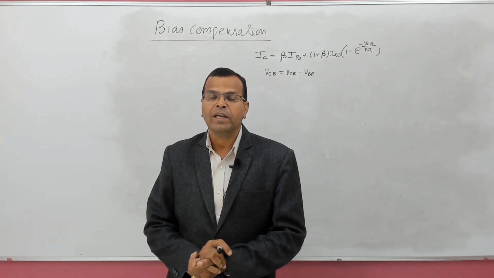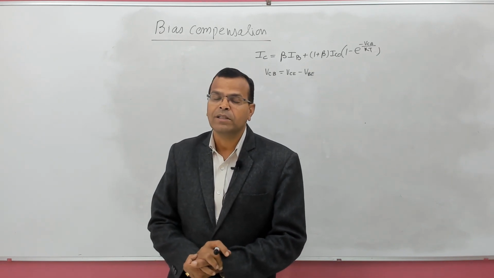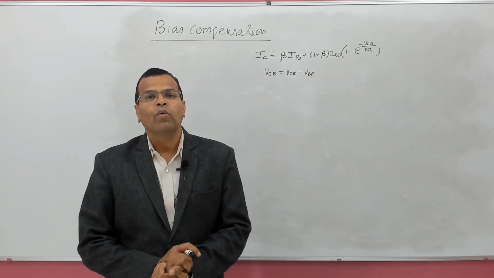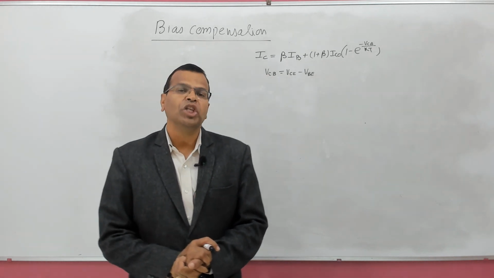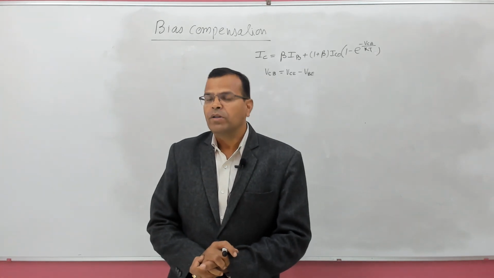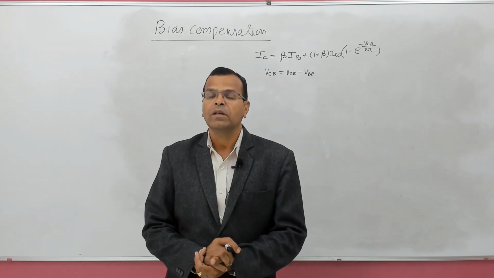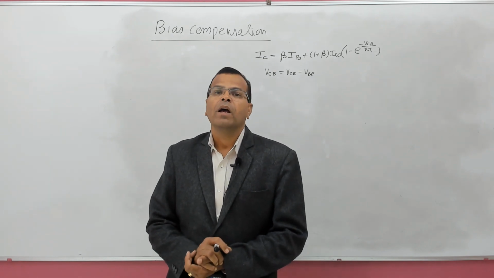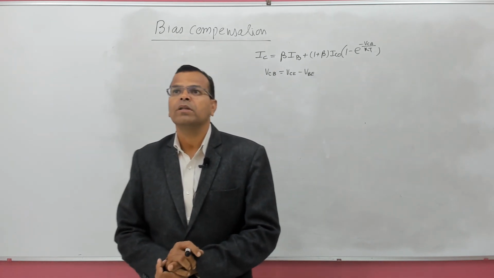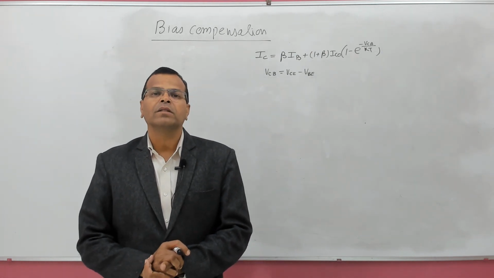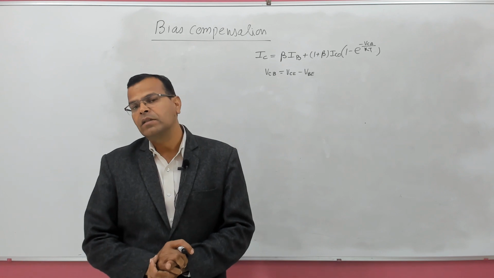So, the first technique is bias compensation, that is compensation for variation in collector current with change in temperature. The very first method will be by using a diode in the BJT circuit, and in the second method I will be using temperature sensitive devices such as the sensistor and thermistor.